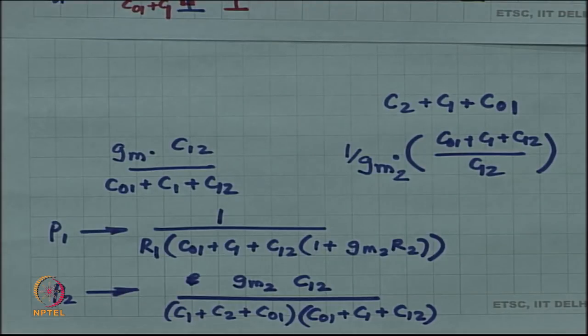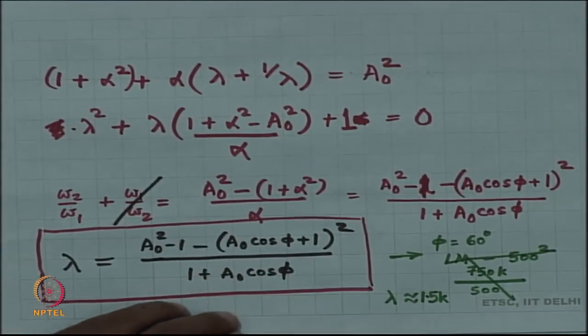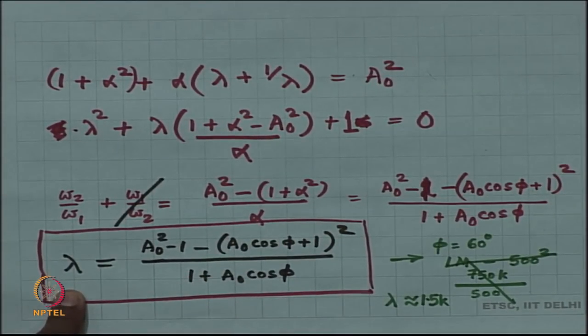Fine. These are my two poles, and C12 has to be such that the ratio of these two poles is the required ratio of the two poles.